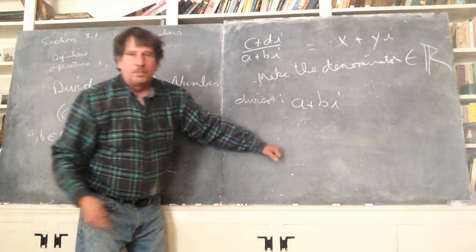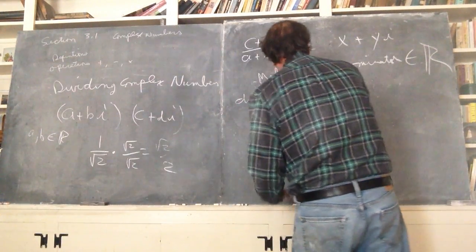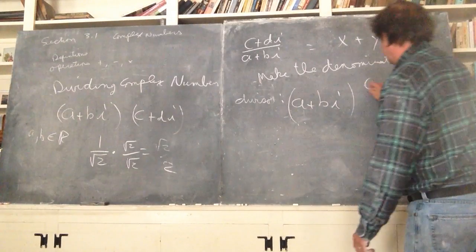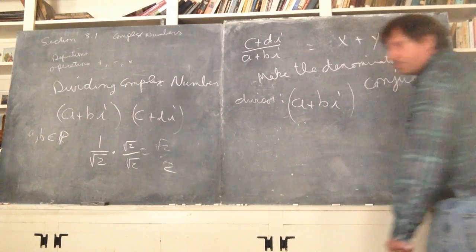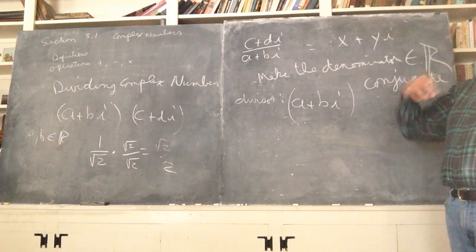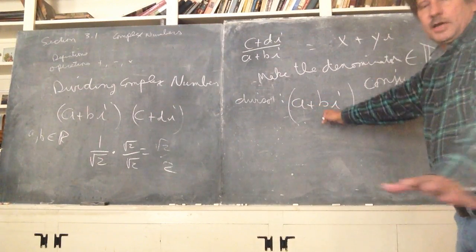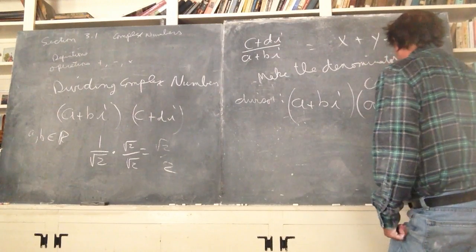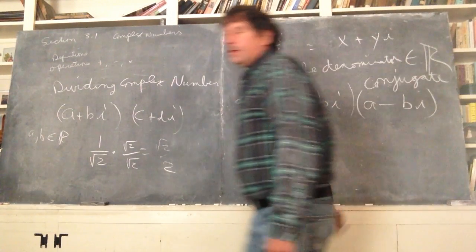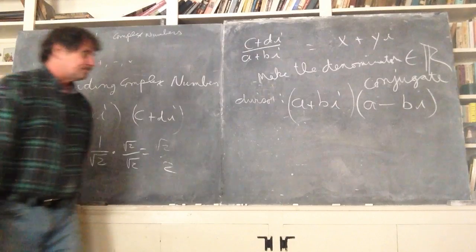Well, what can we multiply by? Something called a complex conjugate. Actually, all binomials have a conjugate, but there's a complex conjugate because if we multiply those two together, you'll get a real number.